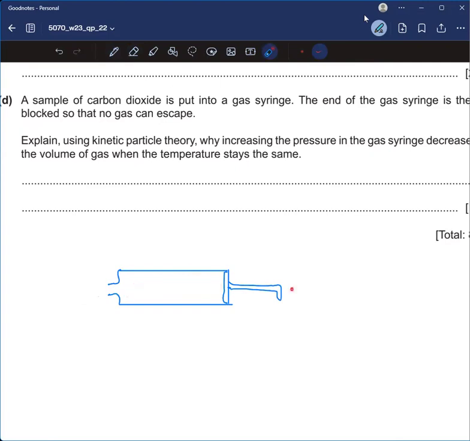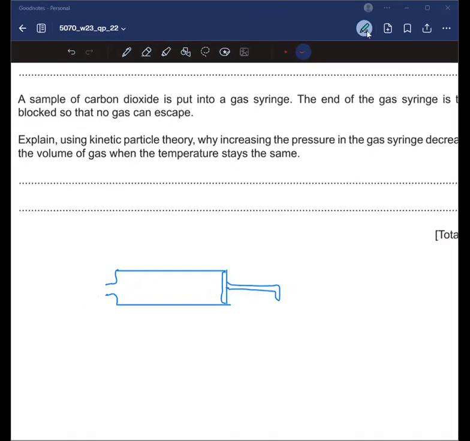And when we decrease the volume, what I'll do is move the plunger to the left side, due to which the volume would decrease. Let me show you how.